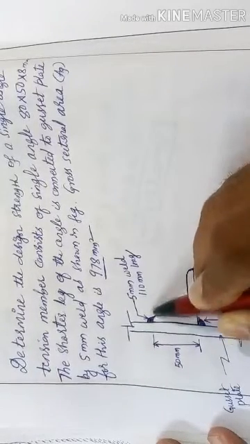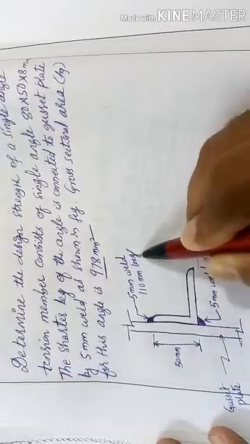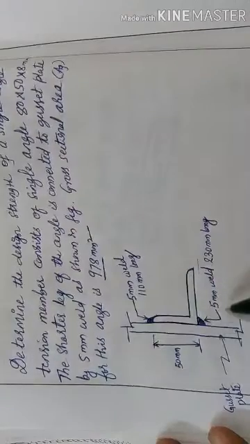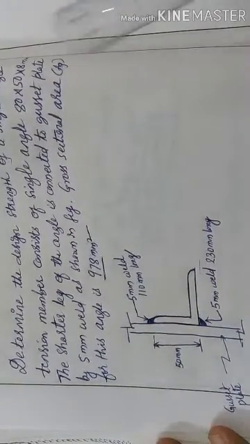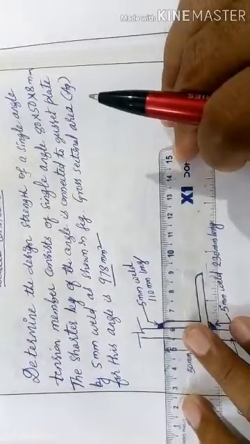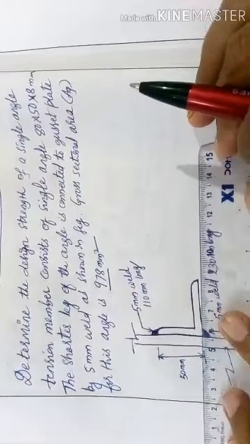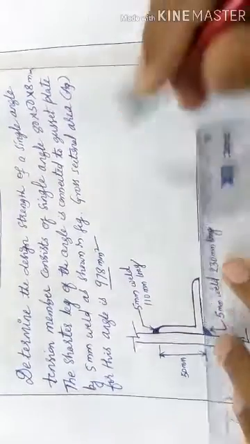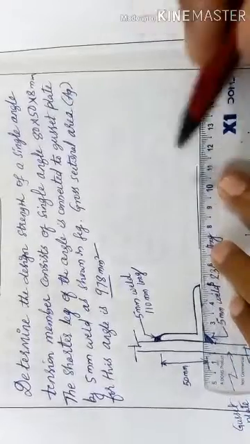This upper side weld is 110 mm long and this weld is 230 mm long. If I draw the longitudinal section of this one, it will be like this.